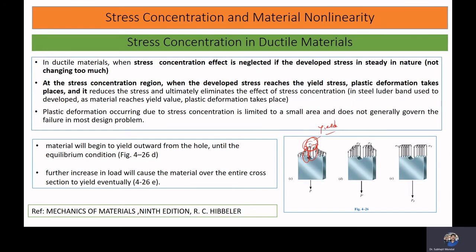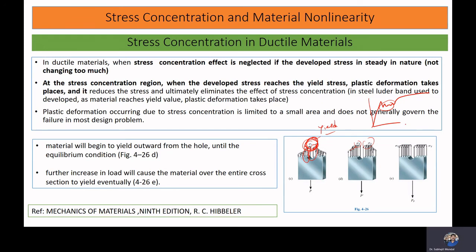Once the material yields, in the case of ductile material, we have plastic flow. So when the stress developed here yields first, then the nearby material also gradually reaches the yield value.